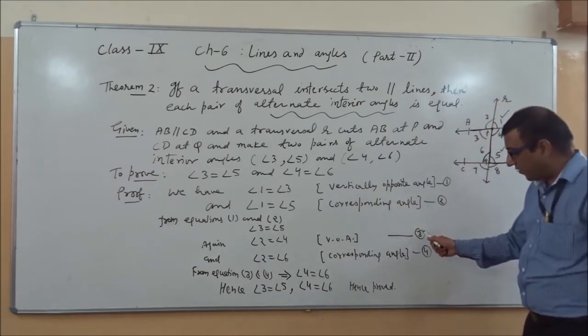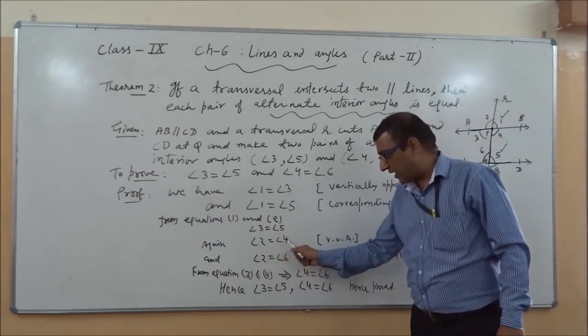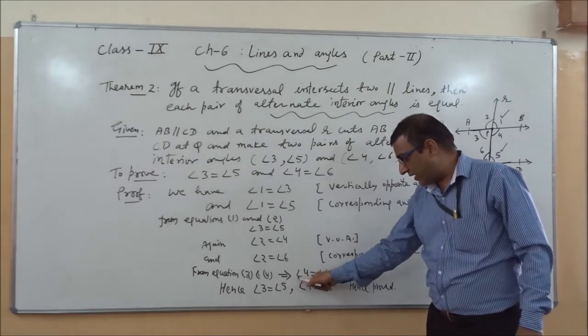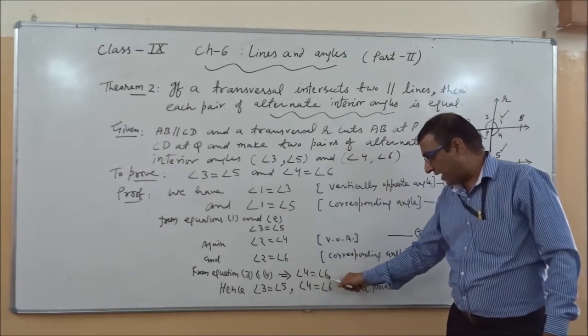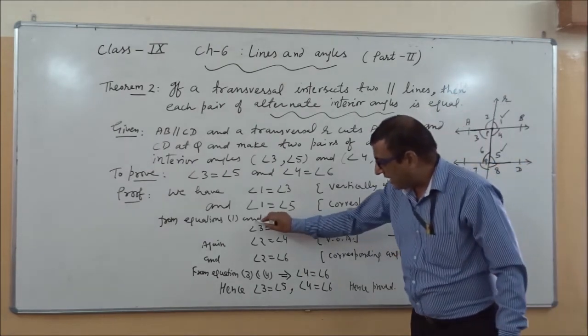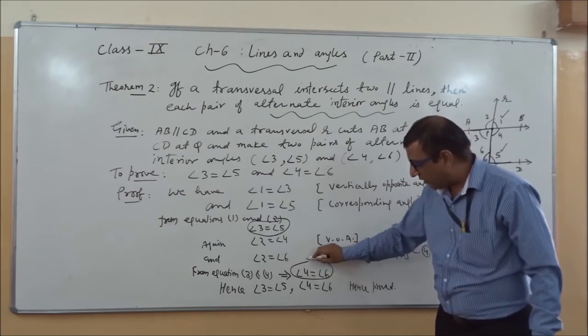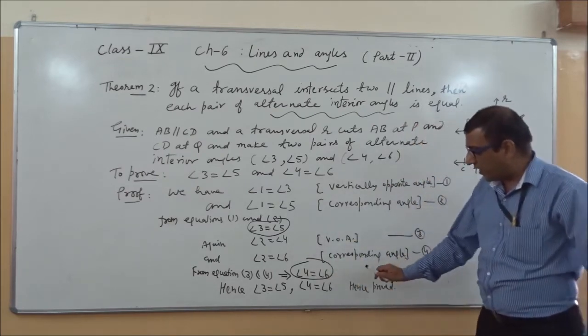With the help of the third and fourth equations, if the LHS sides are equal, then the RHS sides are also equal. So we write that angle 4 and angle 6 are also equal. Here angle 3 is equal to angle 5 and angle 4 is also equal to angle 6.